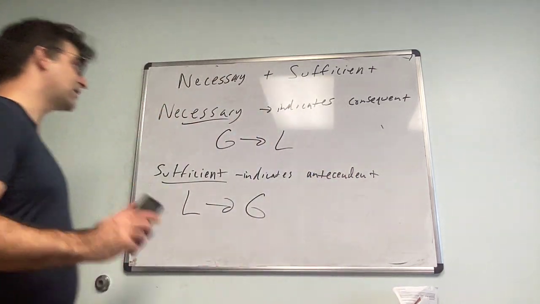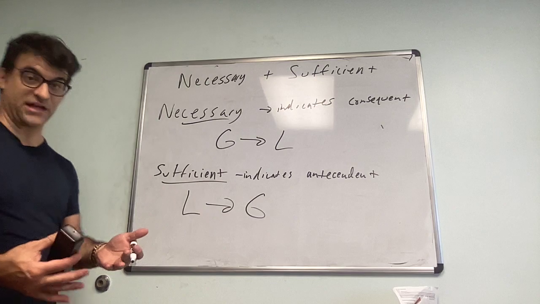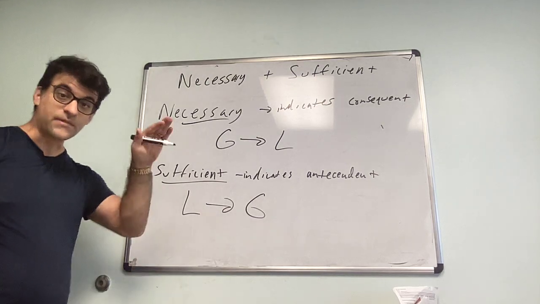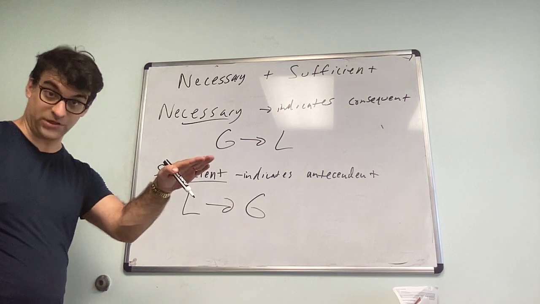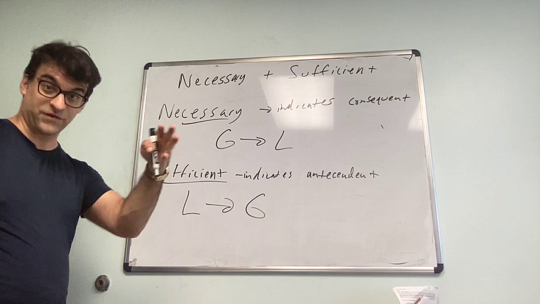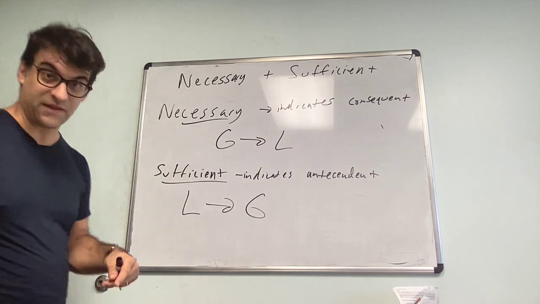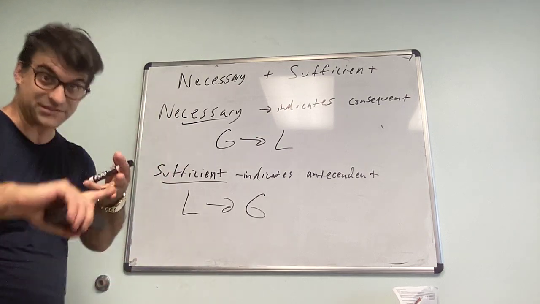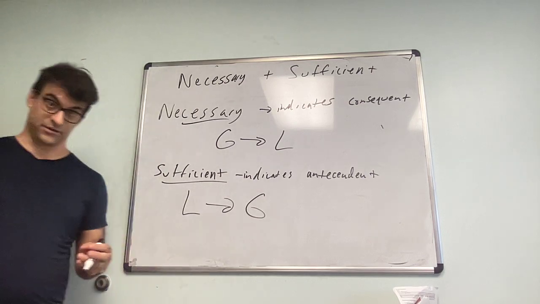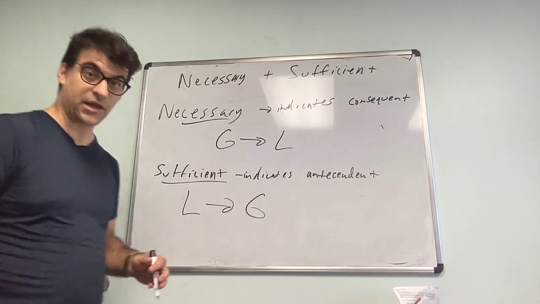You can get this language, and in fact, this is a philosophy application. When we're defining terms, sometimes we use if and only if language, right? Double bar. A shape is a square if and only if it has four sides, is a plane figure, all sides are equal, and they're all right angles. Okay?